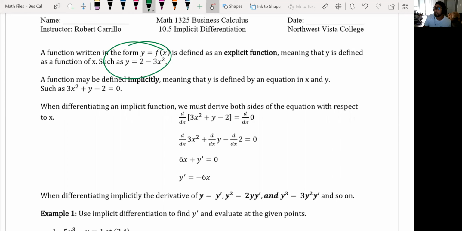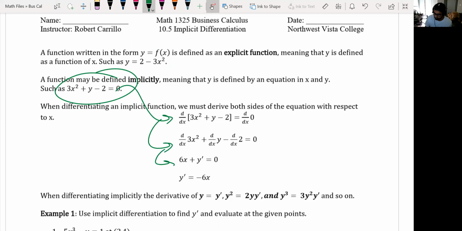But let's say we wrote it implicitly, which is down below. Now this is implicit because the equation is defined by x and y, and is not y in terms of x, as above. So if you have an implicit equation, implicit differentiation says take the derivative with respect to x on both sides, and apply the derivative to all the terms.